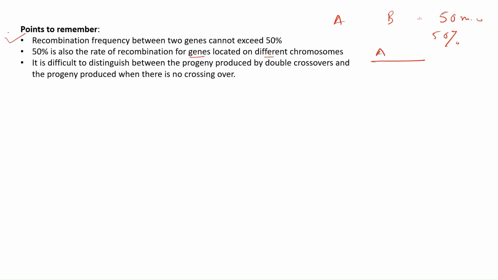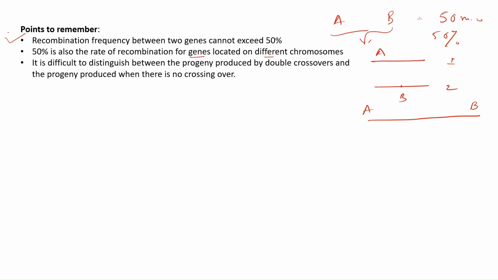A is present on chromosome number 1 and B on chromosome number 2. Or even if they are on a single chromosome, they are very far away from each other. So 50% is the maximum limit. If a gene pair is present on a single chromosome, it has to have less than 50% recombination.